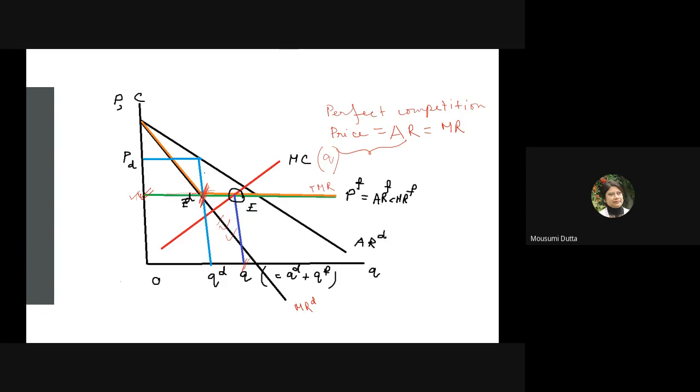Could you repeat this once more? Yes. MC is cutting MRD at ED. This is the level of equilibrium MC. And this line is cutting the MRD line at this point, at the kink? Yes, ma'am.